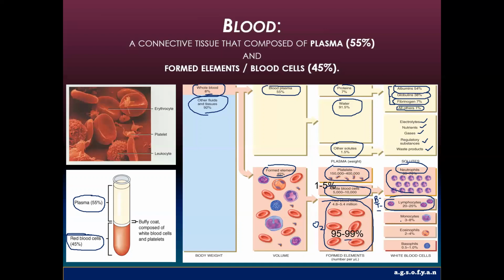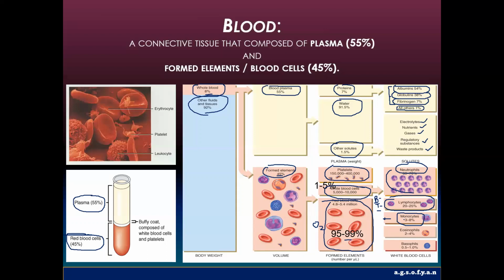And then the next one is called the monocyte, about 3 to 8% of white blood cells in our blood. Monocytes are very similar to neutrophils, fighting against bacteria, and they also eat the debris or dead cells in our blood.